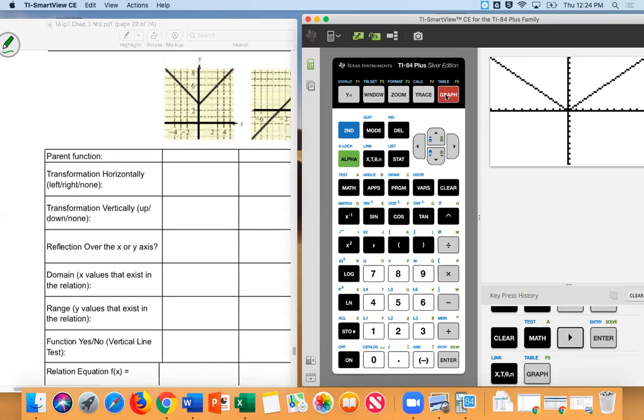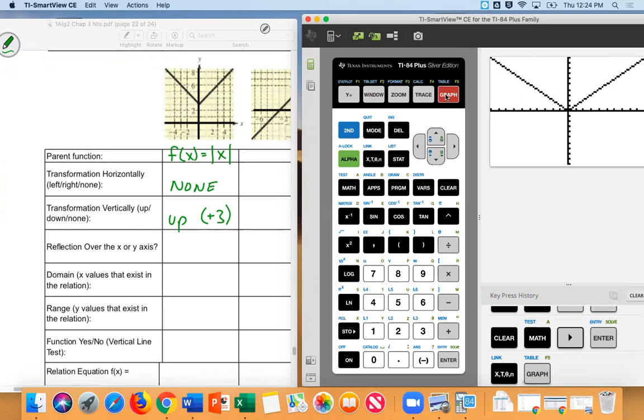So the parent function is f of x equals the absolute value of x. Did I shift it horizontally? No. None. Totally shifted it up, right, Justin? Yes. How many blocks? 3. Is it reflected?